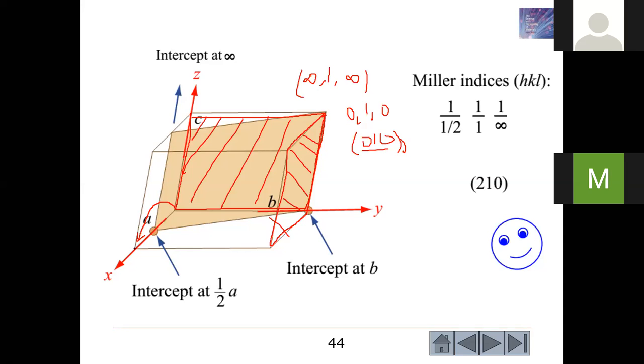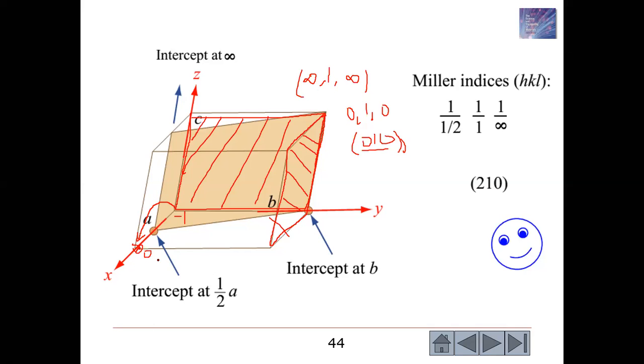If you move the origin here, this point is now -1. This is your 0. So the plane is intercepting the x-axis at -1. So let's write -1. Clear? Now this is your y. If you look at this plane and this y, they are parallel, so it is infinity.